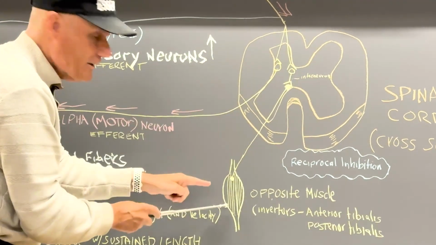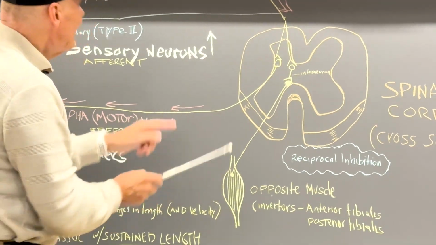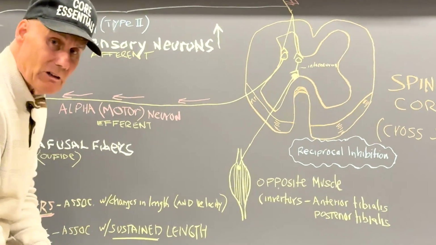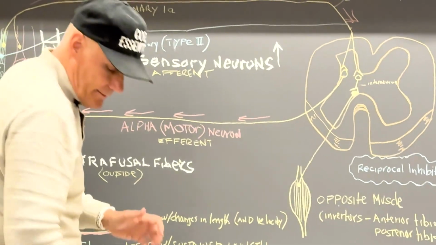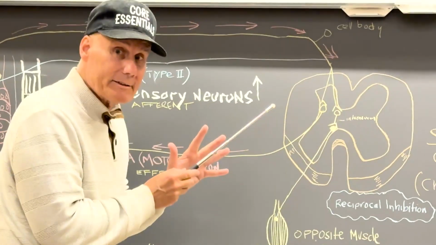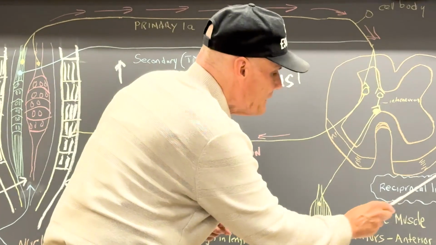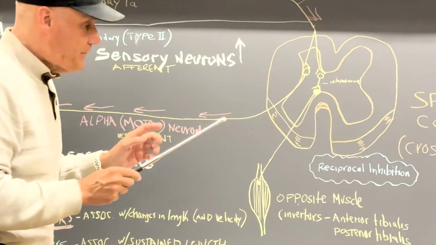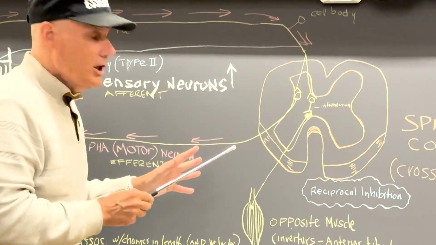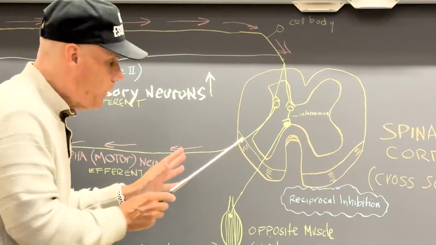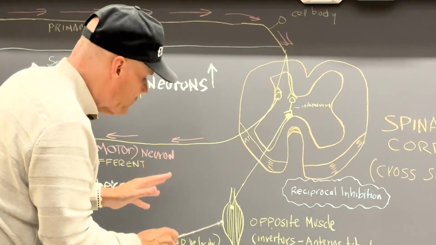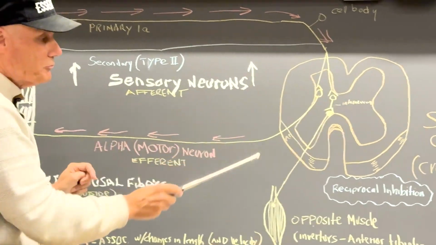So when the muscle on the inside relaxes, and the outside of the ankle contracts, in the stretch reflex, we call that reciprocal inhibition. Because if they both contracted, it would be chaotic. So one muscle has to relax while the other muscle contracts. That is what's going on during this whole stretch reflex.